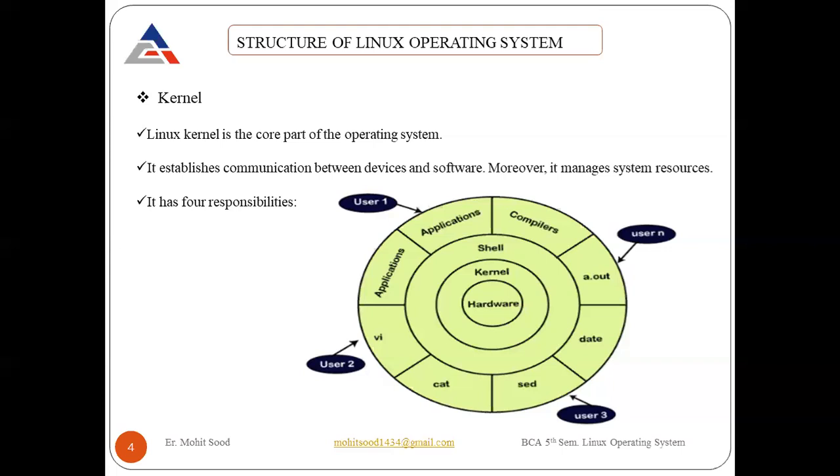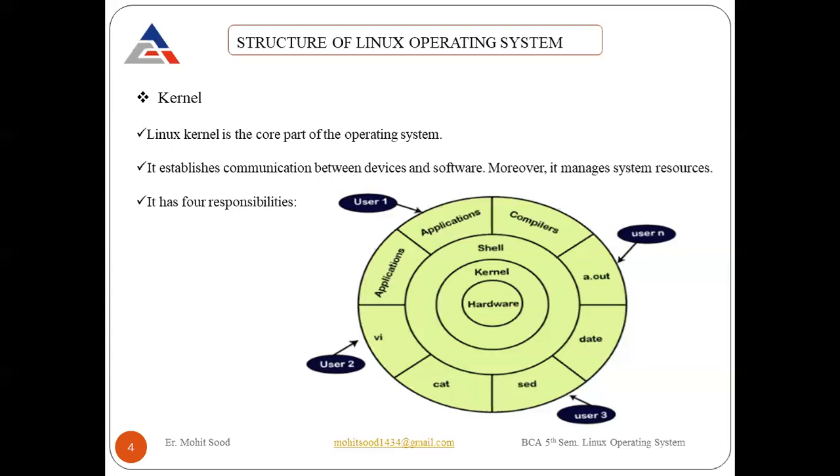Next are the distributions, the families available in the market for the Linux operating system. It provides various options and flavors of Linux to the user. We can choose any distro according to our need.